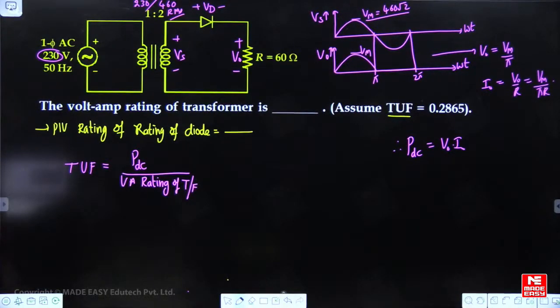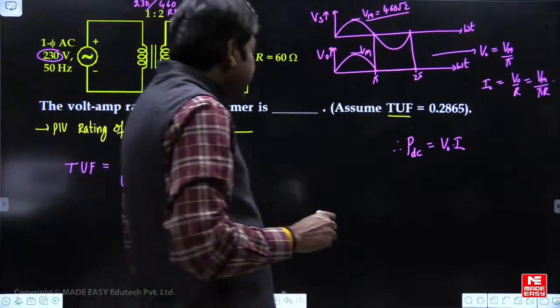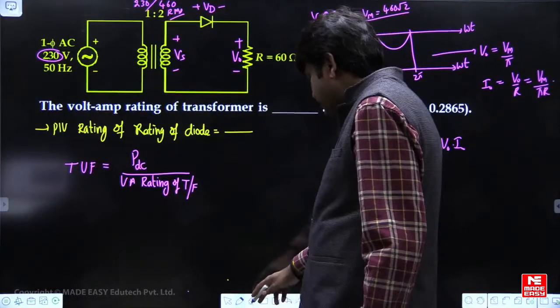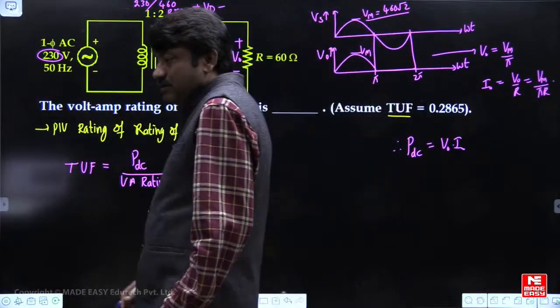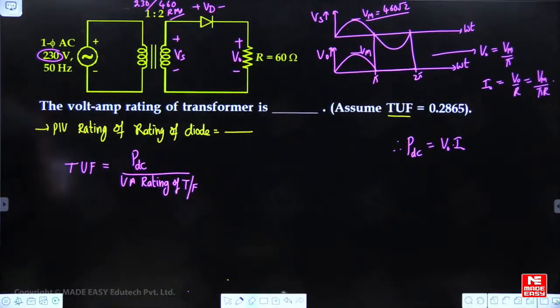Dear students, it is a resistive load now. How much are you getting here? Vm by pi is 460 root 2 by pi.